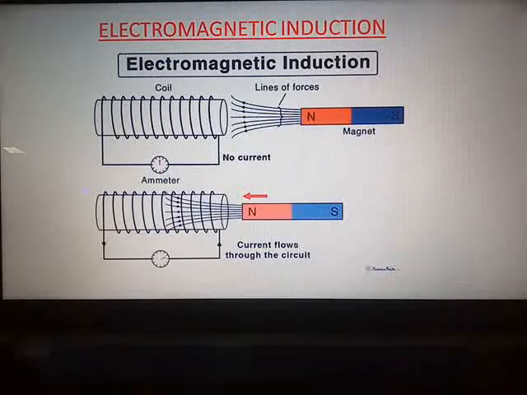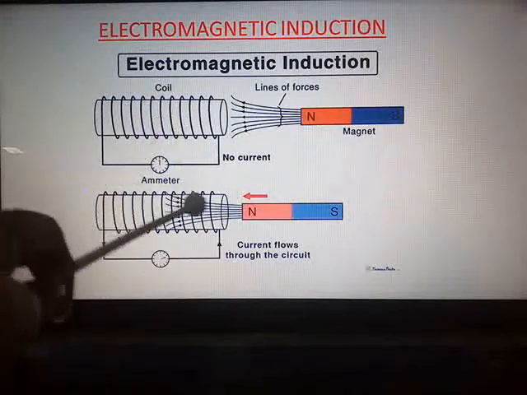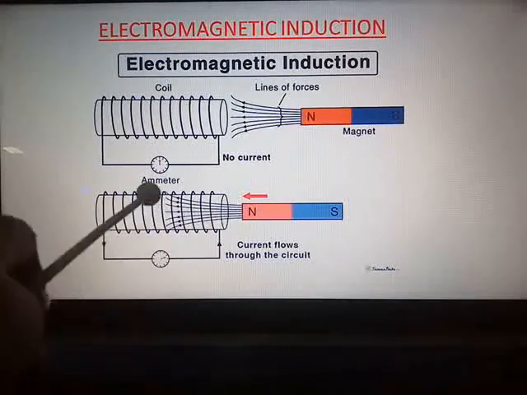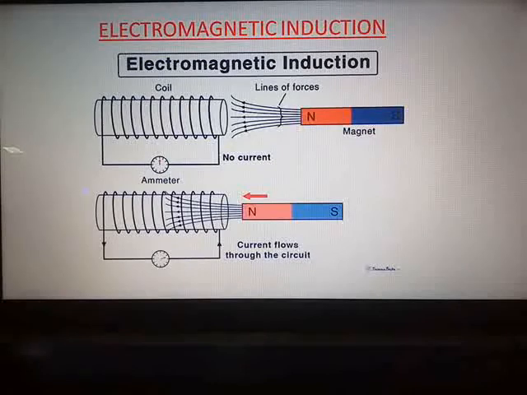But if a conductor is moving inside a magnetic field, or the magnetic field is changing around a fixed conductor, electric current is produced, electric current is generated. This is known as electromagnetic induction, and it was first studied by Michael Faraday.